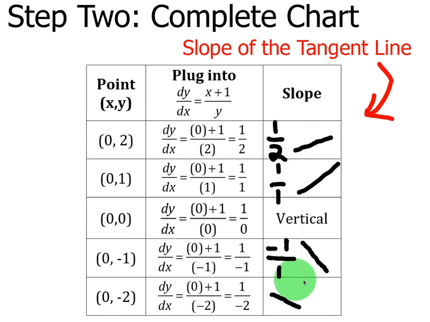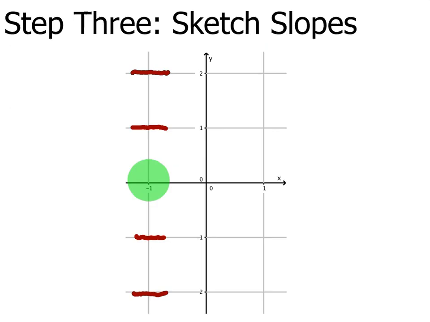So that takes care of my first column. My second column looks like this. I'm going to have 1/2 at (0, 2), 1 at (0, 1), and then vertical, and then it reverses. So let's go to (0, 2) and sketch a slope of 1/2. Again, it doesn't have to be perfect, but it's going to look something like this. Not quite 45, but close.